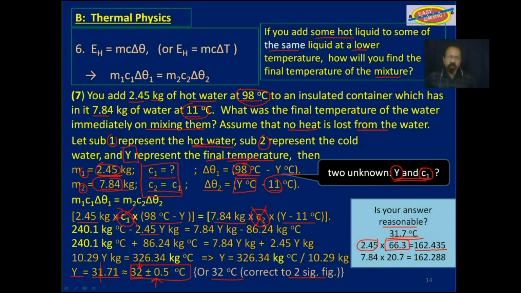If we do the same thing for the colder water, we subtract 11 from 31.7 and we get 20.7. We multiply that by this mass. Notice that we get the same answer here. So we know that our 31.7 degrees Celsius final temperature is correct.